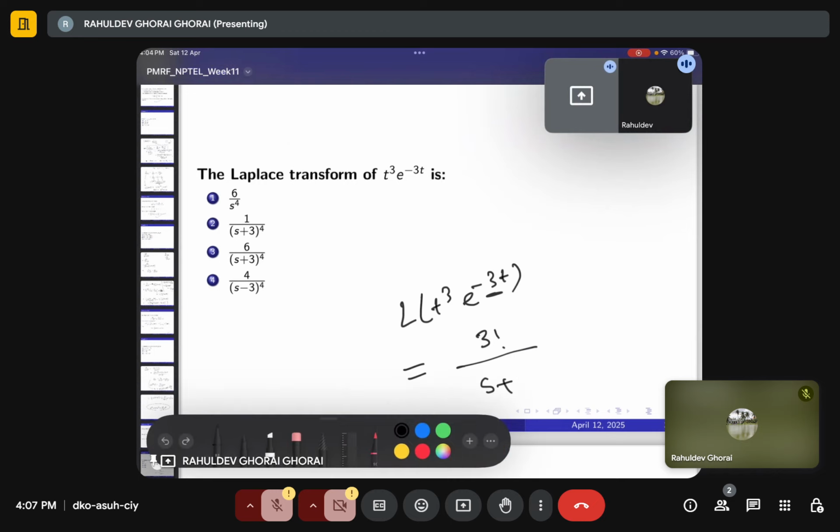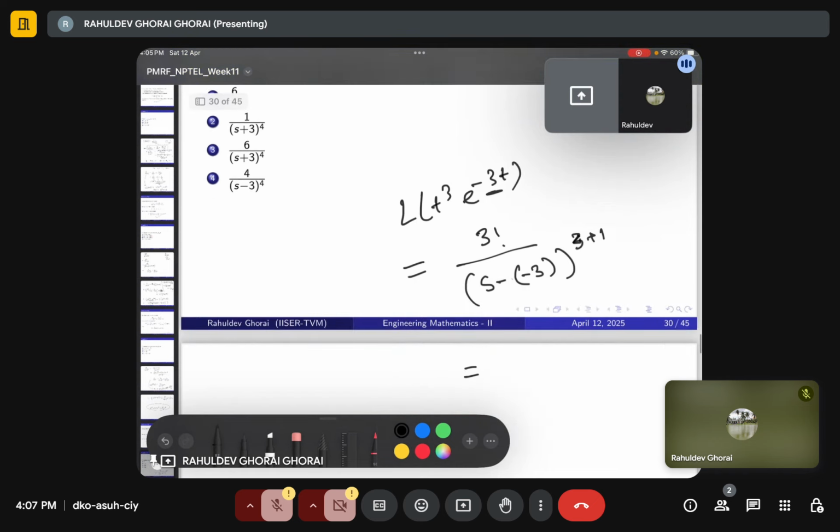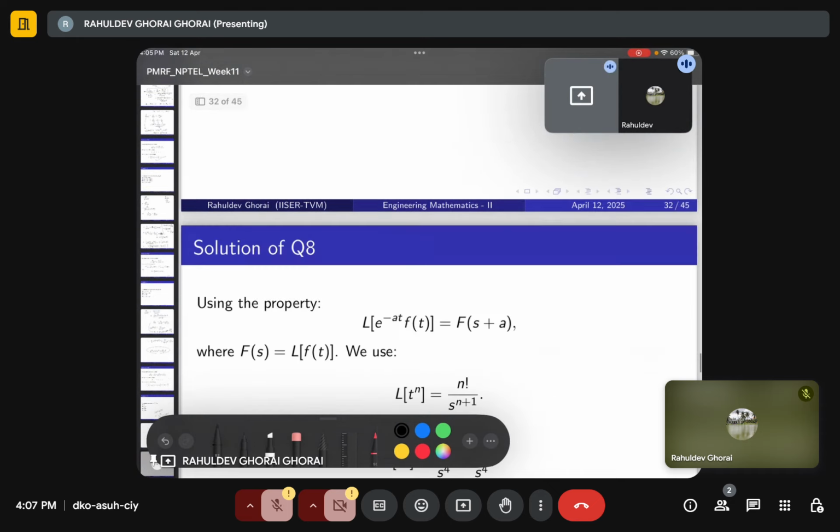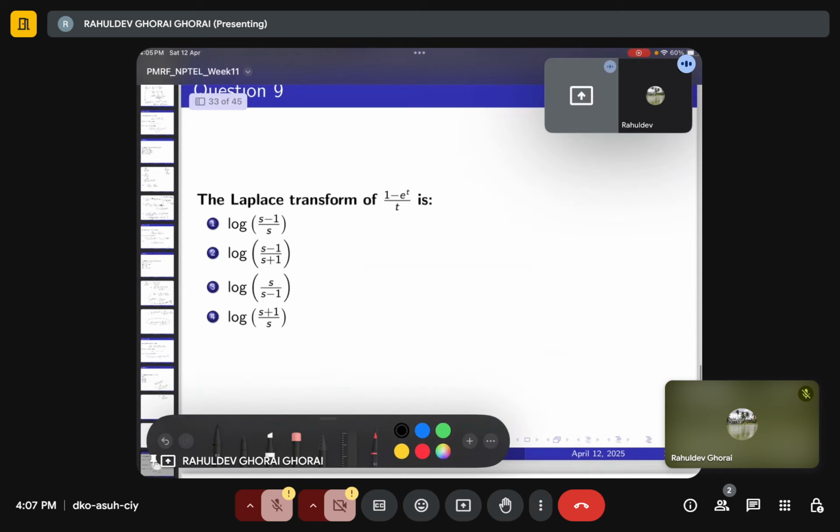Let me write it more precisely. This will be s minus minus 3 to the power 3 plus 1. So that will be 6 over (s plus 3) to the power 4. Third option is correct. That's it.